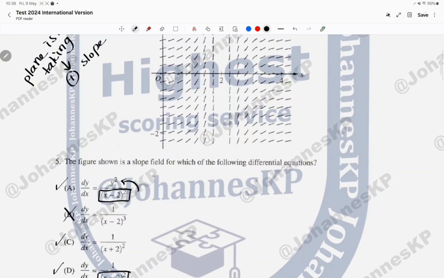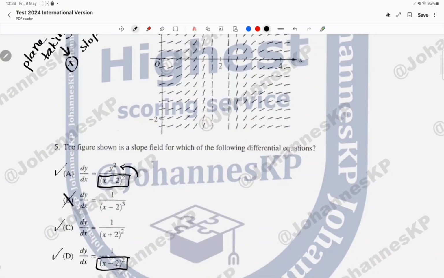So basically, if we look at A, it has y squared in the numerator. That means that as we go from down to up, let's say from the origin to up, the y will get bigger, right?